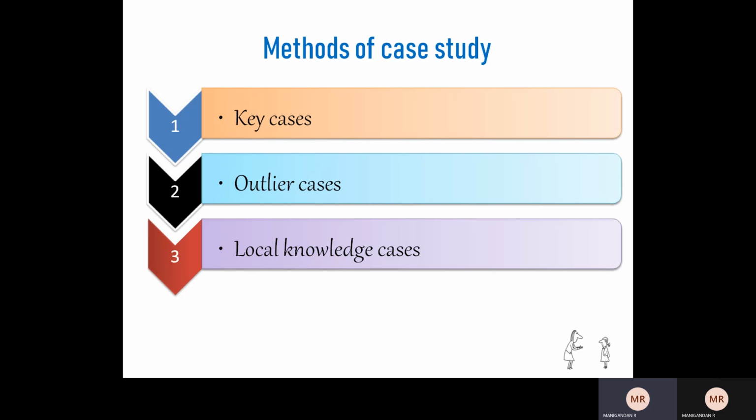There is a paragraph created by someone, and it's not true. Local knowledge cases mean that if a person is facing a problem, or a person is doing something wrong, and it will cause some social and economic problem, that is a case. That is called a local knowledge case. It does not have outlier cases, it does not have key cases. It's a local knowledge case, which anyone can do.